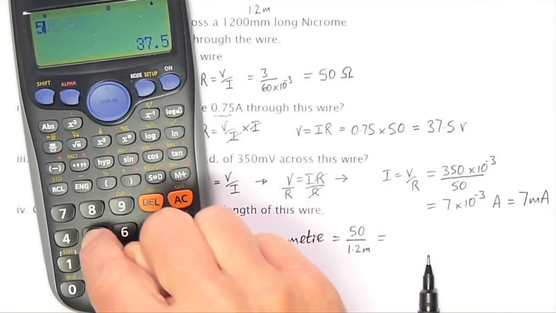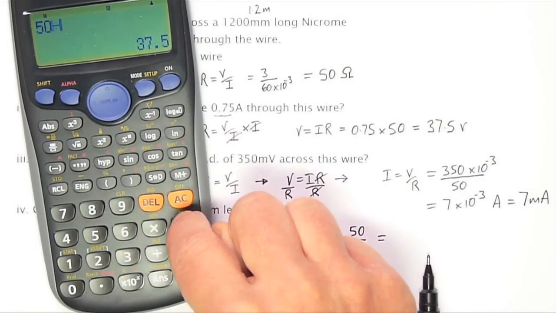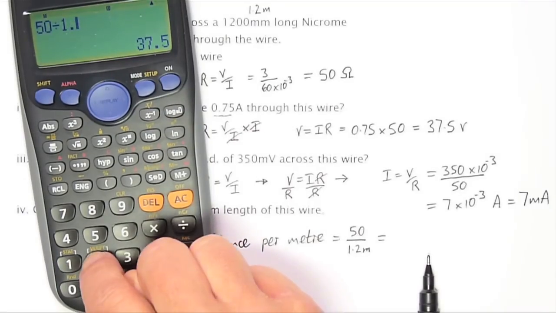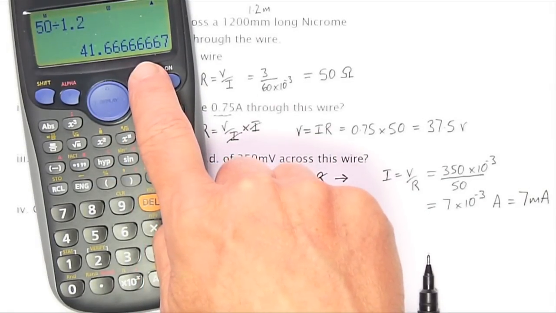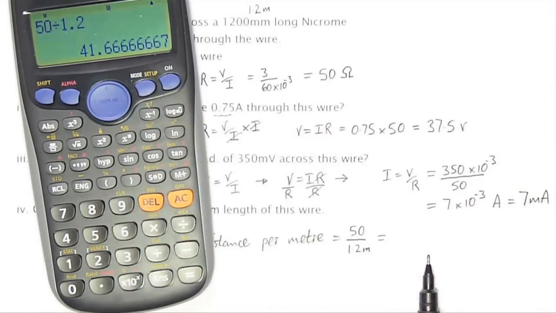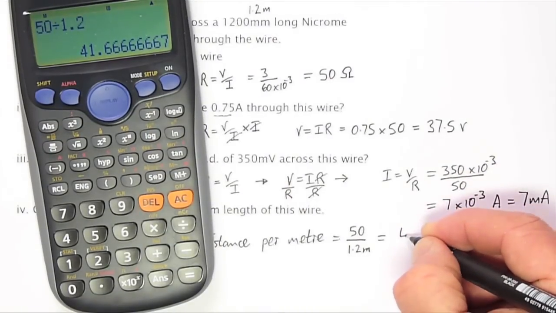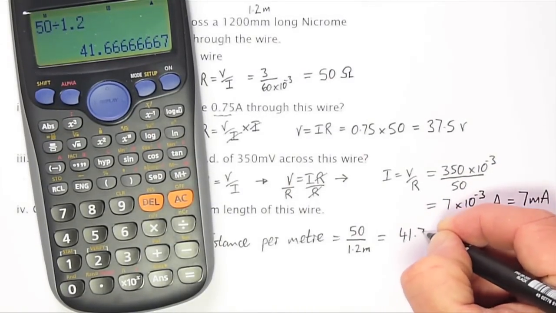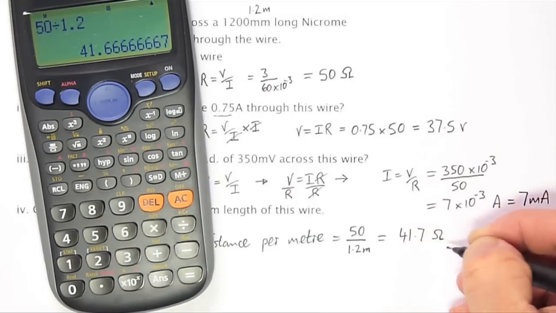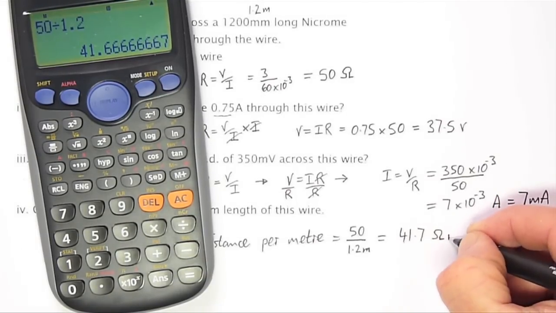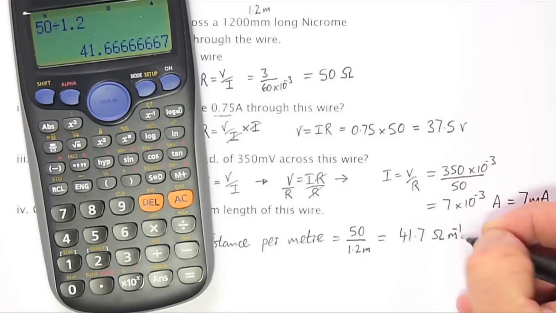So 50 divided by 1.2, and the answer to that I'll take to be 41.7. So 41.7 ohms for each metre, so per metre, metres to the minus 1.